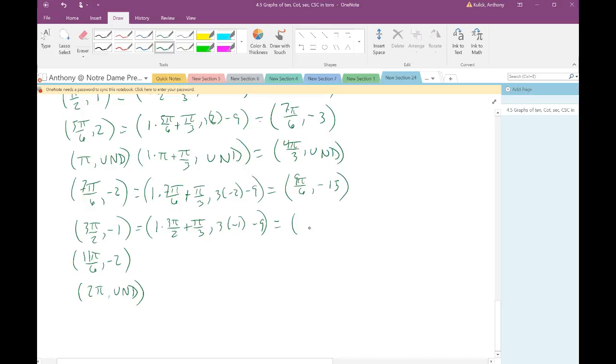Pi over 2 plus pi over 3 is? 11 pi over 6, I think. Do you guys agree with that? This is 2 pi over 6 plus 9 pi over 6. Gives me 11 pi over 6's, right? If you think I made a mistake, please holler at me.